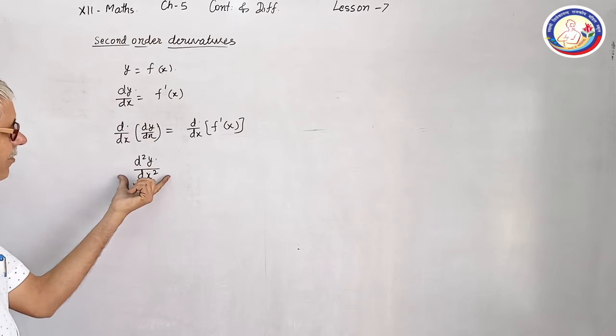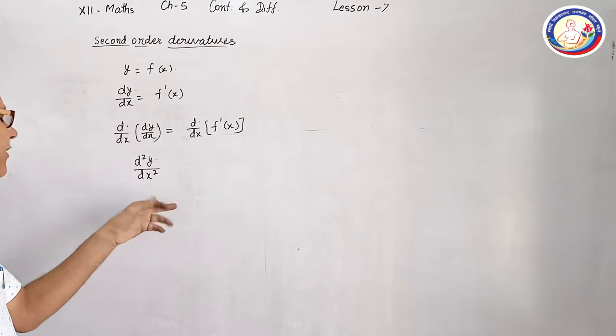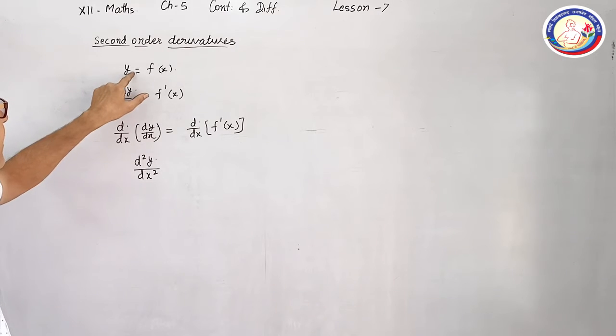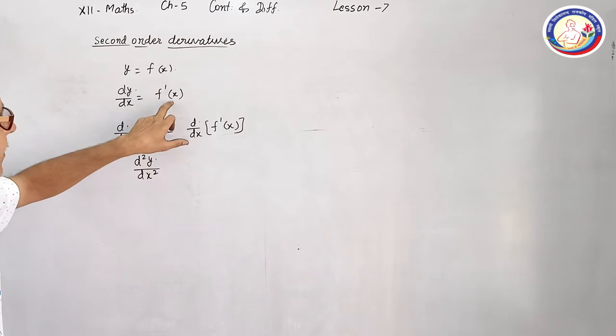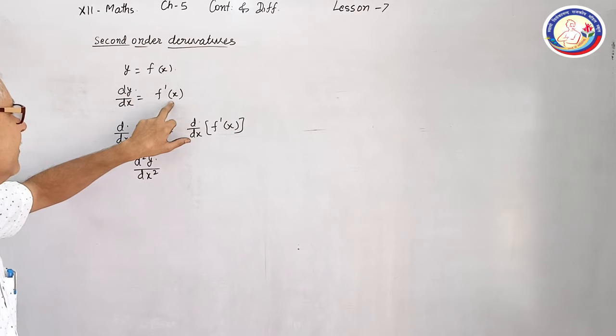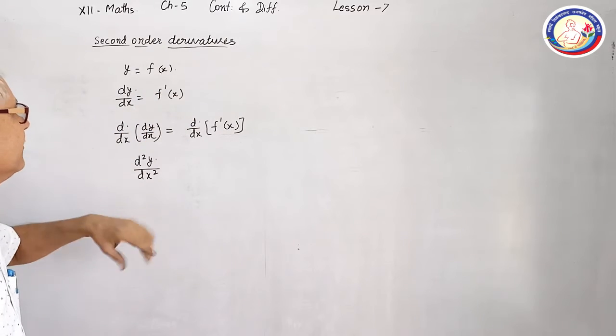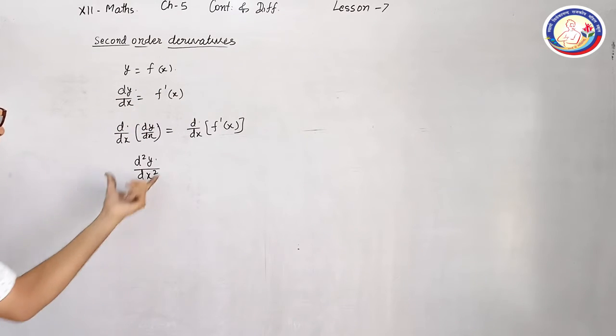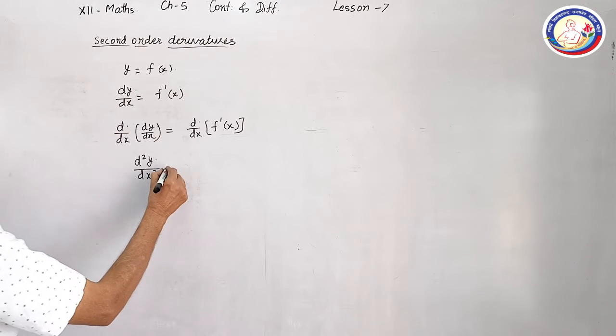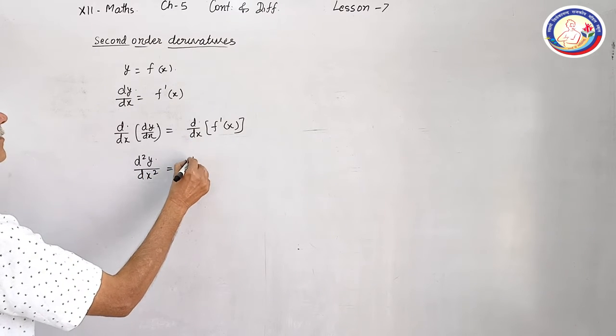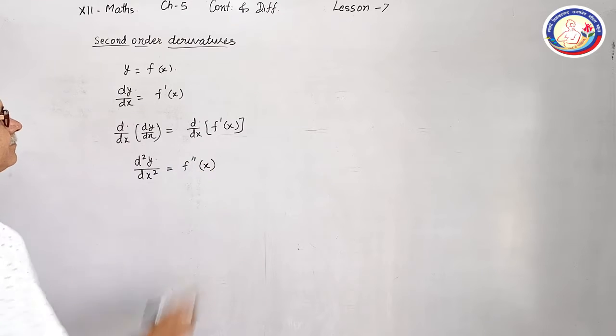It is called second order derivative. It is simply, we can say that if we find derivative of derivative of given function, it is called second order derivative, and we denote it by f double dash x.